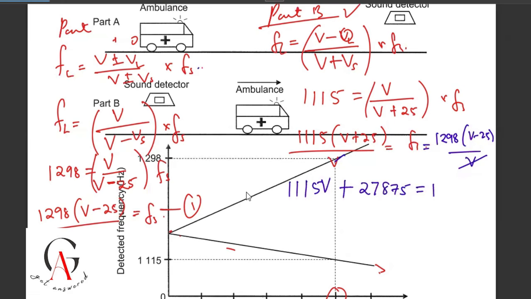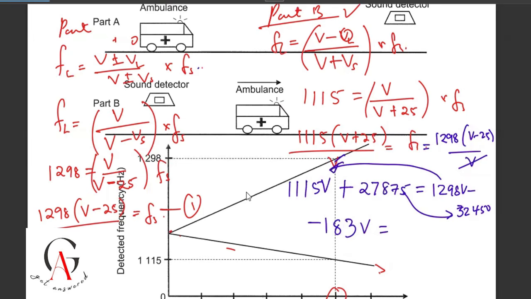Then that's going to be 1298 V minus 1298 multiplied by 25. I'm getting 32,450. Let's collect the like terms. Move this one that side, move this that side. So 1115 minus 1298, I'm getting negative 183V.